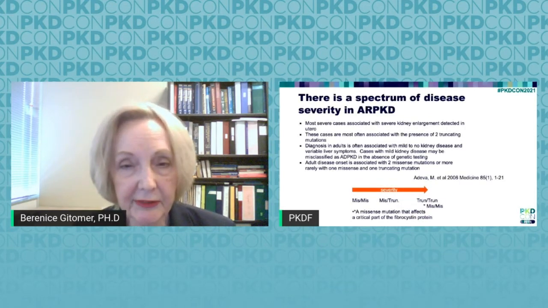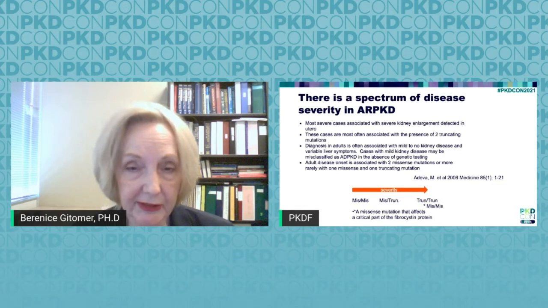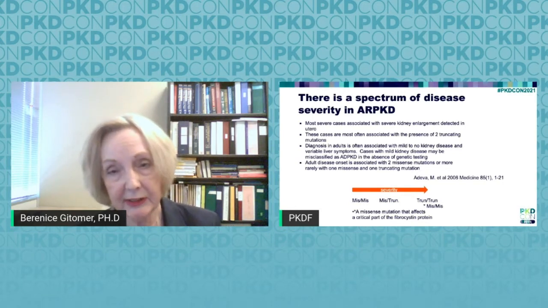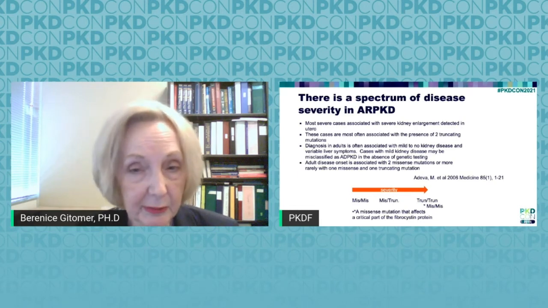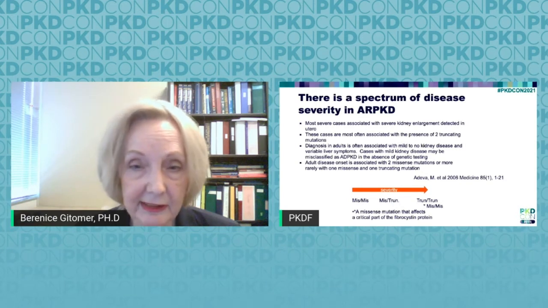So to summarize this, you can see by the orange arrow at the bottom that two truncating mutations are the most severe, associated with the more severe form of ARPKD, which typically has very early onset, sometimes even before birth. Very large kidneys are detected in the children.